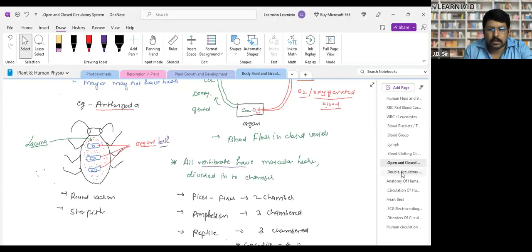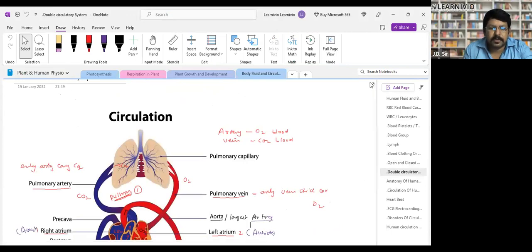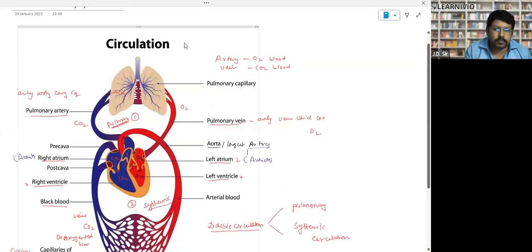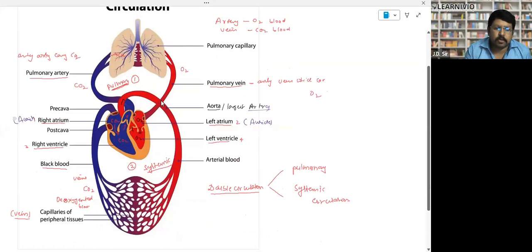Now, double circulatory system. Even this thing you need to understand. This is not part of it. So, in the double circulatory system, do you know it, or should I recap it? Keep on telling me, frankly. Rabia, Aisha, should I tell you or do you know it? All of you. If you know it, why should I waste time?